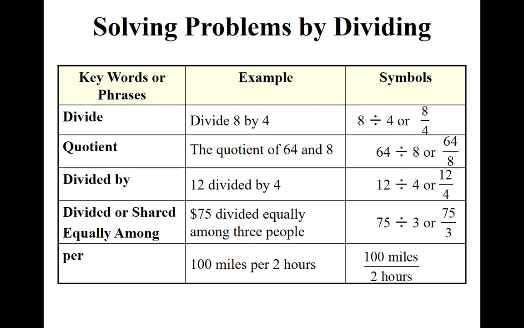The order matters. Divided by. 12 divided by 4 is 12 divided by 4. Divided or shared equally among. We have $75 divided equally among 3 people. That'd be 75 divided by 3. And per: 100 miles per 2 hours is 100 miles divided by 2 hours.